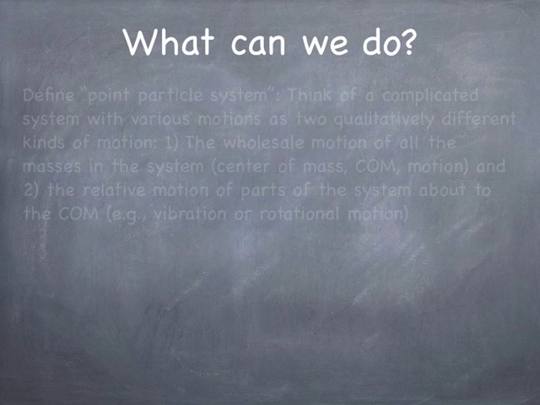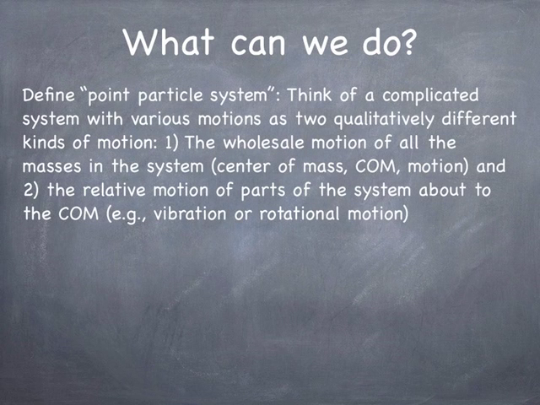So, what are we going to do? The first thing we're going to do is to divide motion into two categories. And to notice that even in a complicated system, there's an average position of all the stuff in the system. That average position we're going to call the center of mass. It's a vague definition at this moment, but we'll make it more formal momentarily.